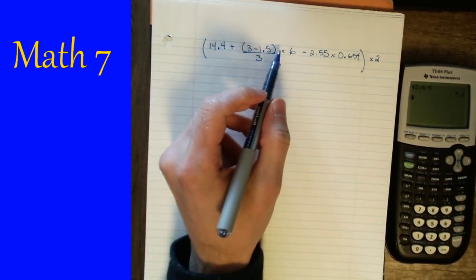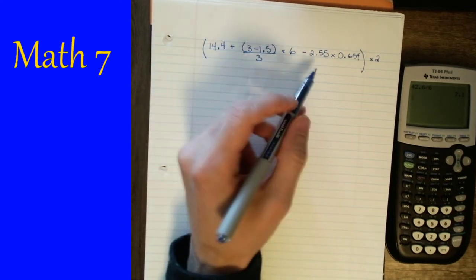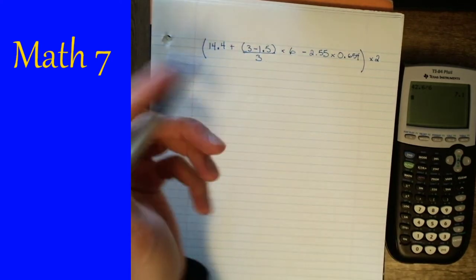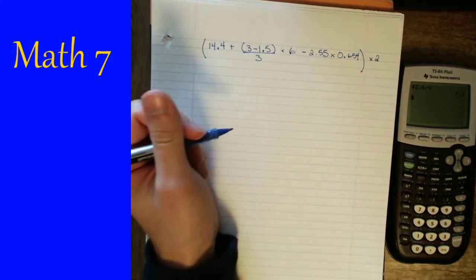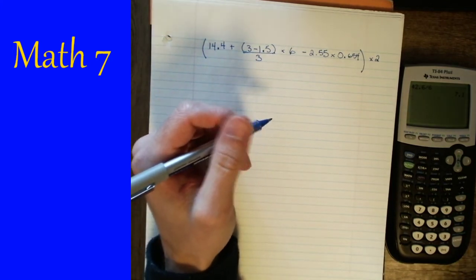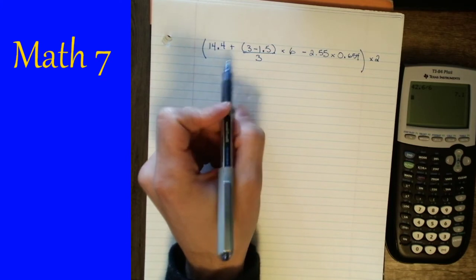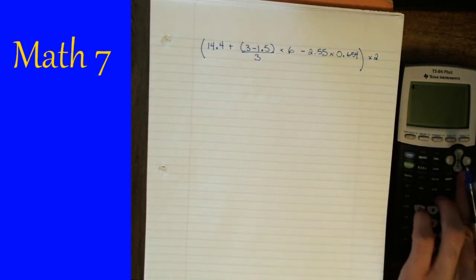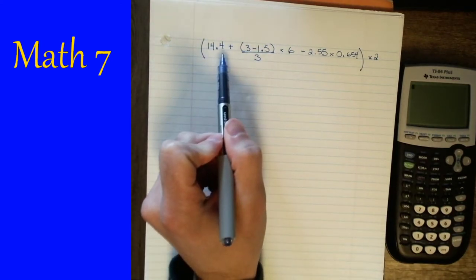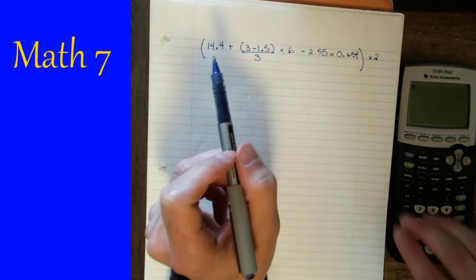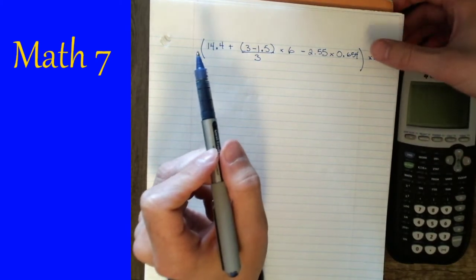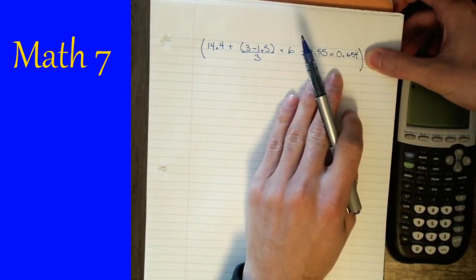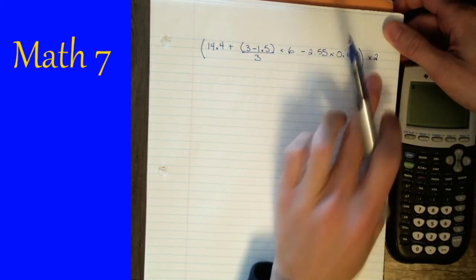So as you can see, this is quite an expression, and it seems very scary at first, but the whole point of order of operations is to break things down, make it simpler as you go, and eventually it becomes a very easy expression to deal with. What I'll note is that whatever is inside of this set of brackets, at the very end of things, I'm just going to double that.